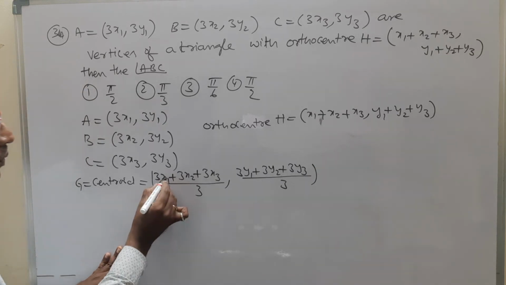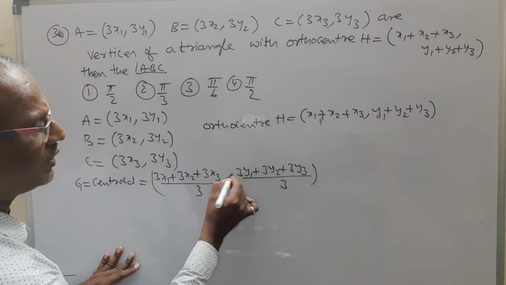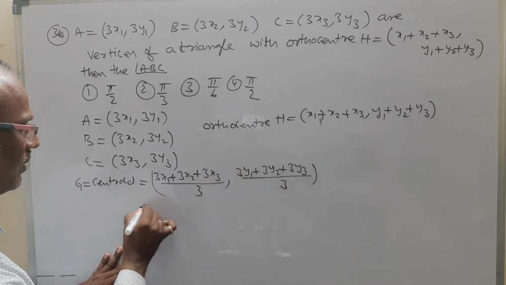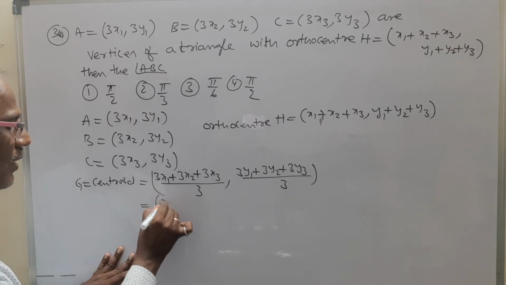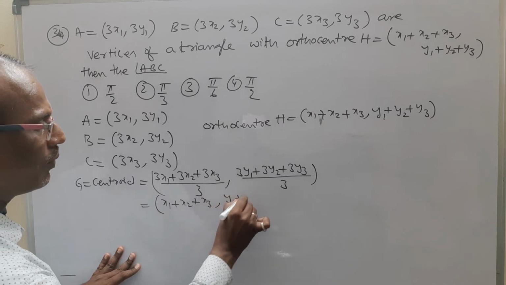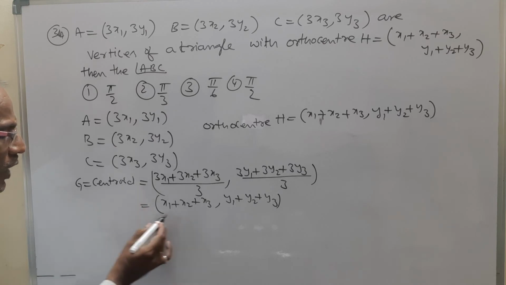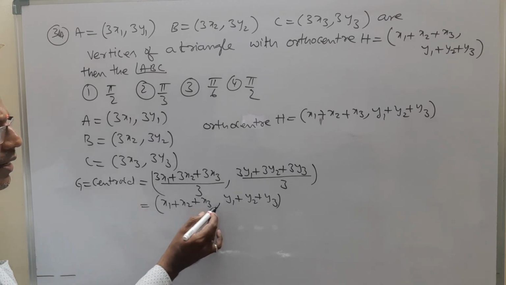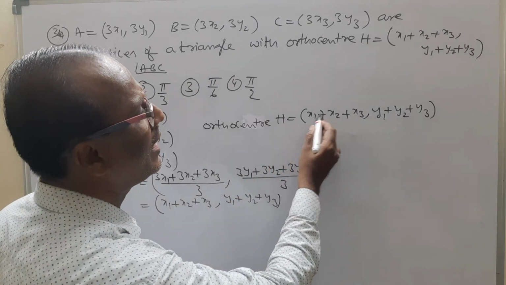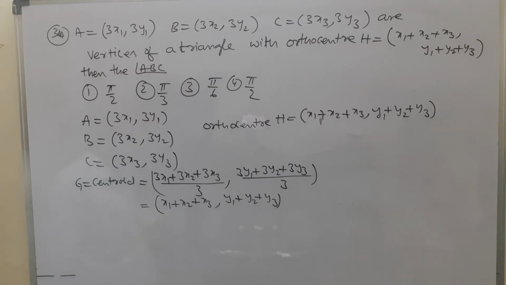Here 3 is common and gets cancelled in both. The final coordinates of the centroid are (x1 plus x2 plus x3, y1 plus y2 plus y3). Observe that the orthocenter coordinates are also (x1 plus x2 plus x3, y1 plus y2 plus y3).